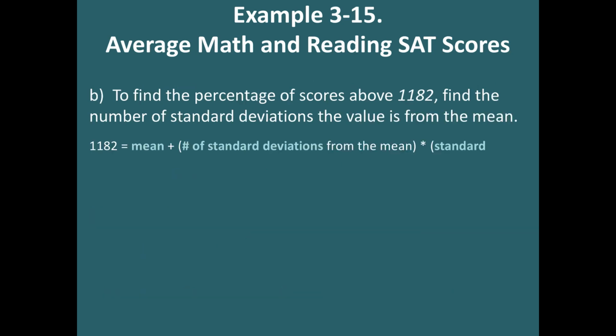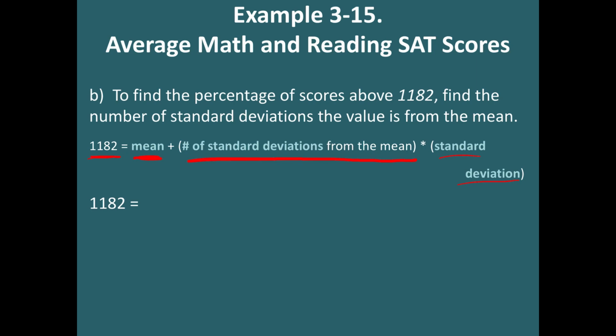Now, what percentage of scores will be above 1182? First, let's find the number of standard deviations that the value is from the mean. We will use the following formula. We will simply take 1182 and set it equal to the mean plus the number of standard deviations from the mean times the standard deviation.